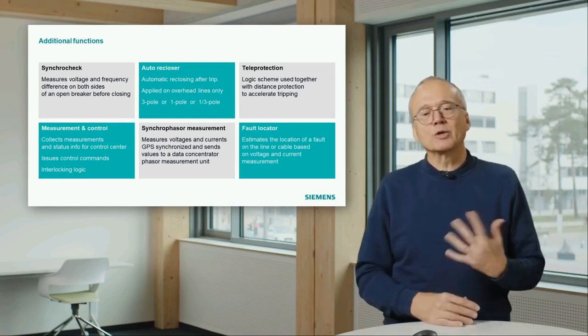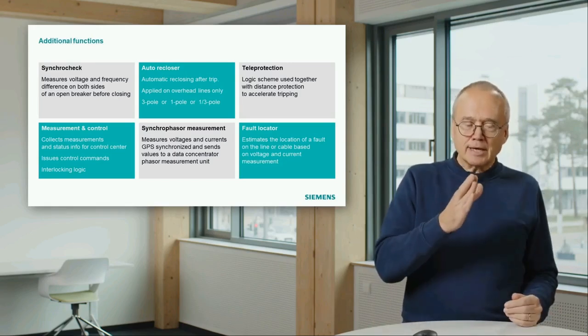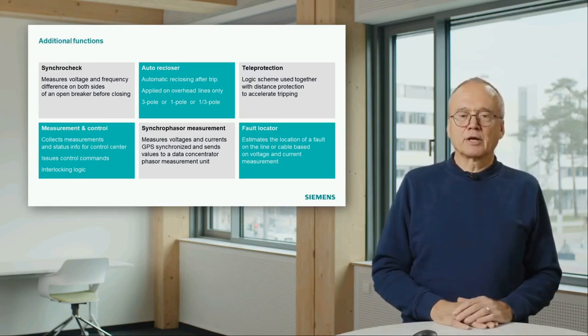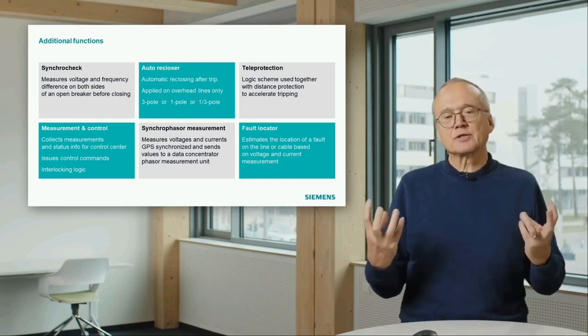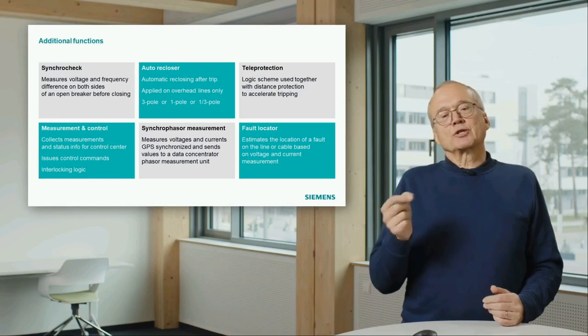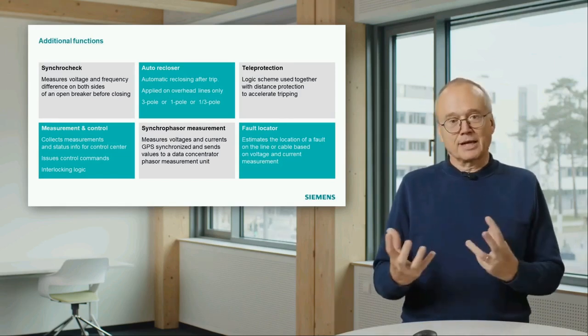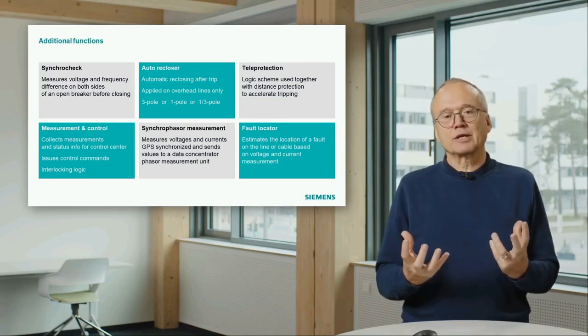You can also only see steady state things there. Here you are really able to measure transients, power swings, and that can be used to get a better understanding of the system, to analyze what has happened in a critical situation.